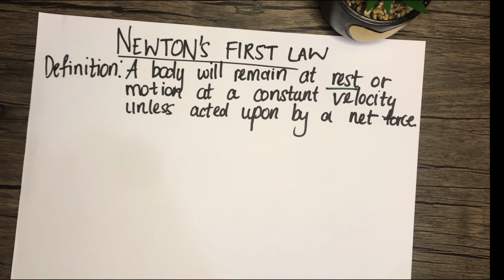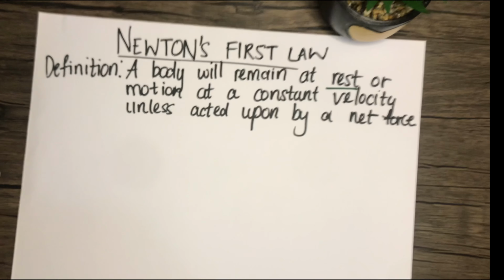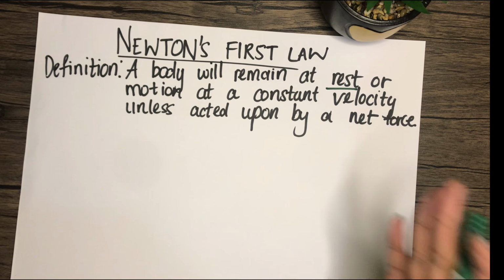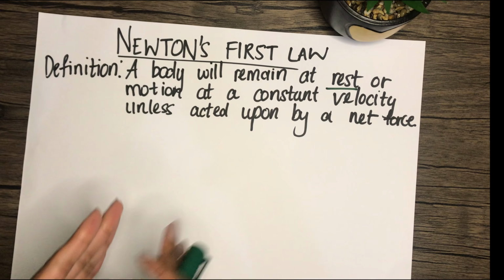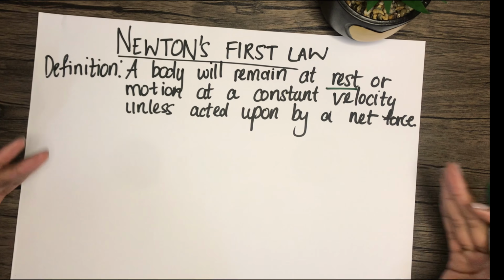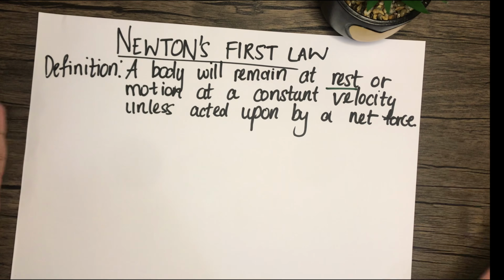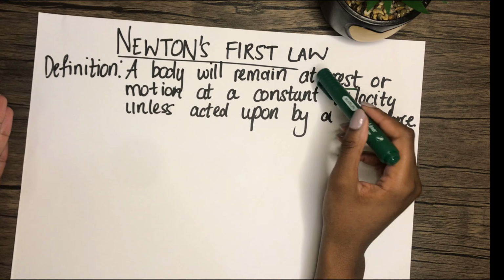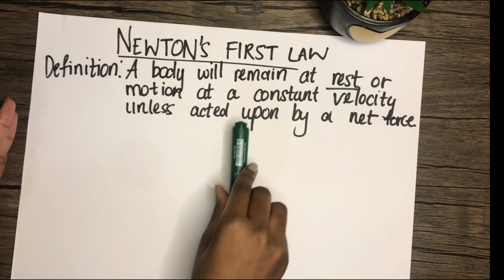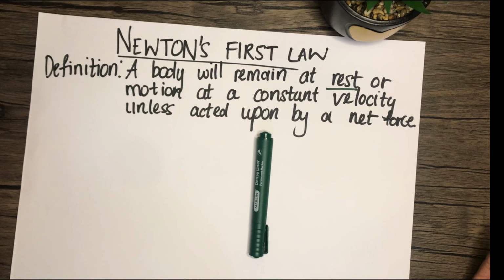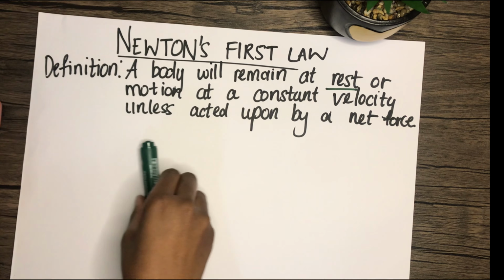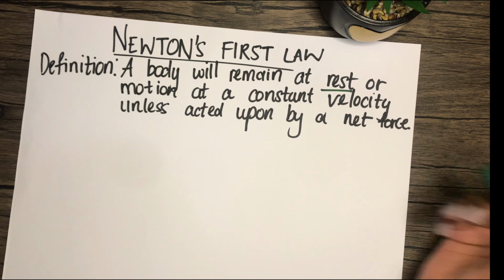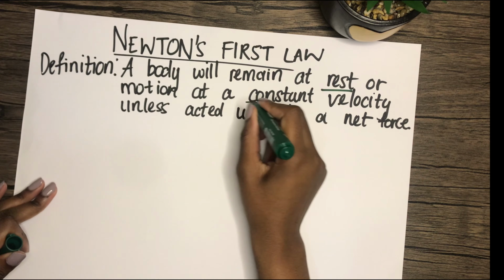When someone comes and grabs the phone or moves it around, that's like a net force now acting on the phone, which causes it to move from where you left it to another spot. Otherwise, if no one had come to touch it, you should find it there. So when the definition says it will remain at rest, it means if I leave this marker here, I should find it here, unless someone comes and applies some force, moves it around, takes it away. Same thing as motion at a constant velocity.